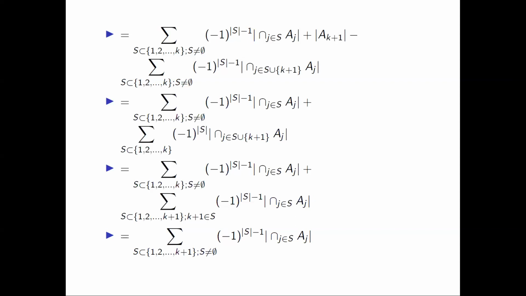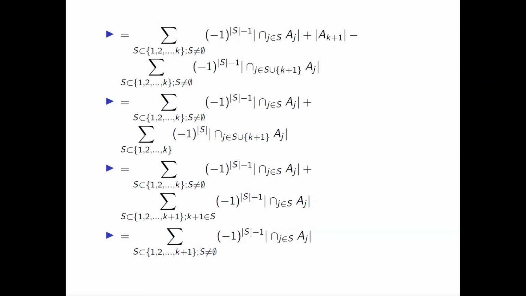And the second sum says that k plus 1 is an element of S. So those S's are also non-empty because they must contain the element k plus 1. We can also see that the S in both of these sums has no overlap. So the S subsets in the first sum do not contain k plus 1. The S subsets in the second sum must contain k plus 1, and all of these S are non-empty.